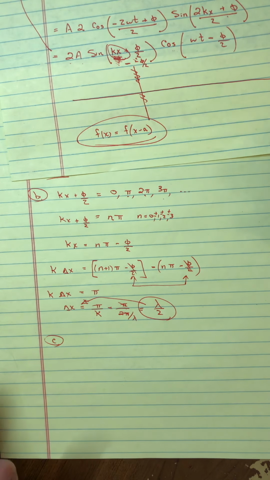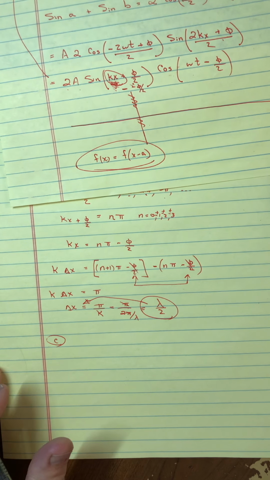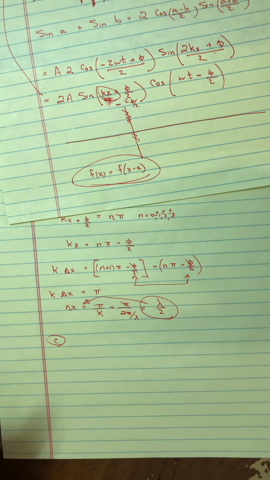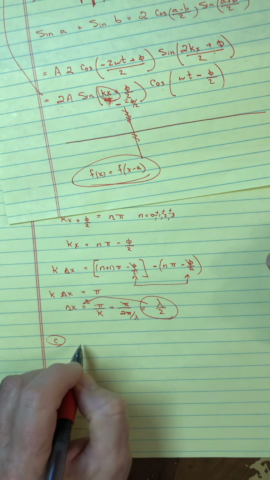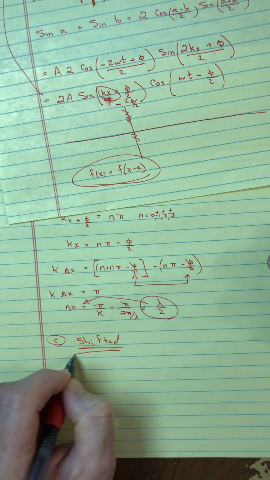and C, are the nodes different in any way from the way they would have been when phi equals 0? And again, no, but with a shift. So I guess the answer is, yeah, slightly they are shifted.